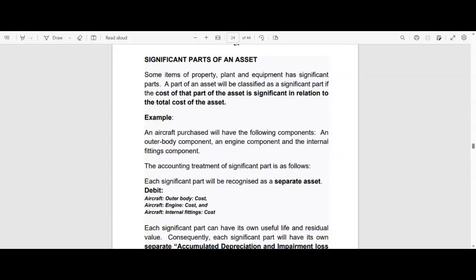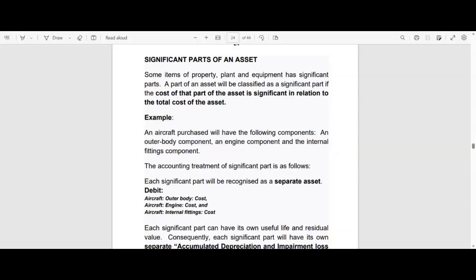And then, ladies and gentlemen, normally, before we capitalize that significant part separately, the third thing is that it should have a different useful life to the rest of that specific property, plant, and equipment item, right?